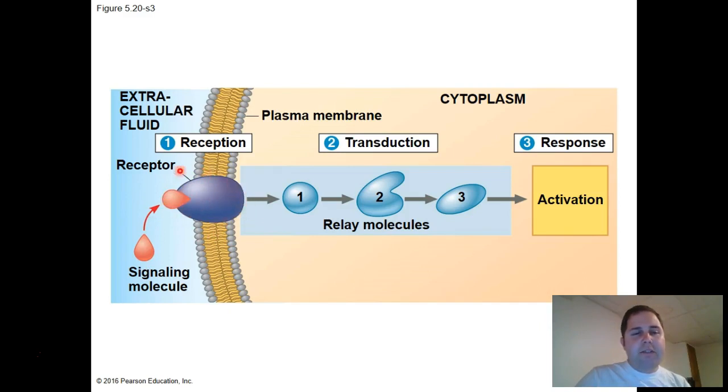That received signal, reception of that signal, is going to trigger a bunch of different chemical reactions that's going to relay that signal throughout the cell. We'll call that transduction. So reception, transduction, once you've transduced the signal to where it needs to go, that would be the response. So the three steps are reception, transduction, and response.